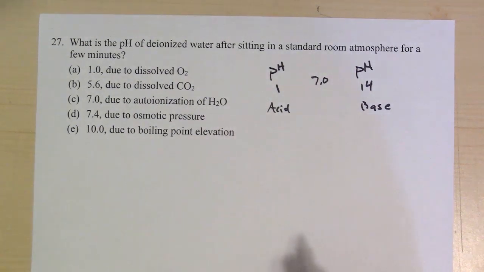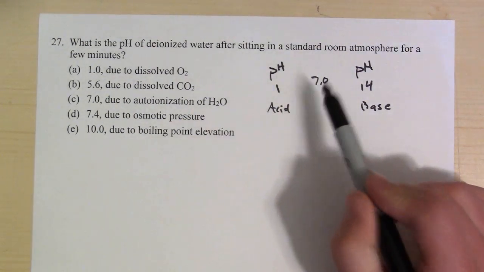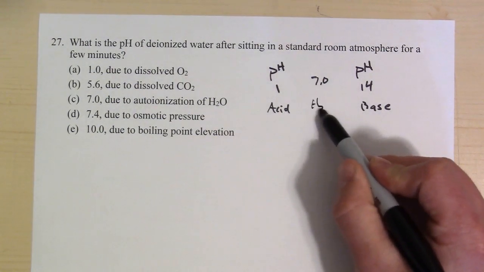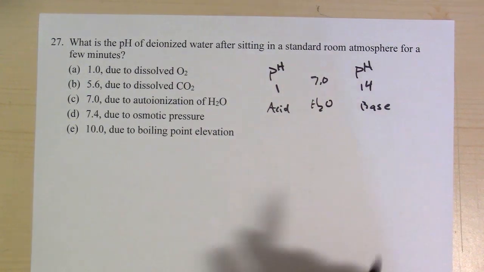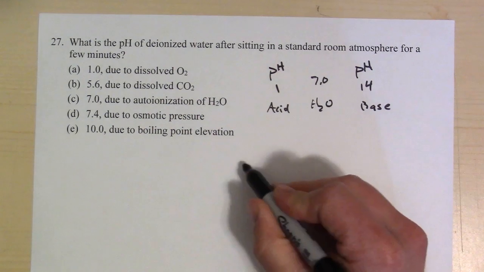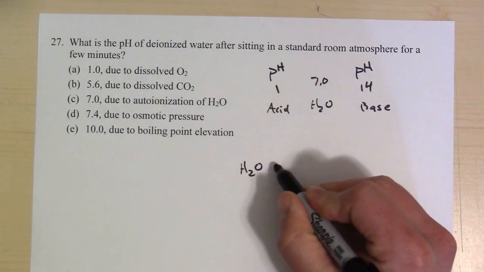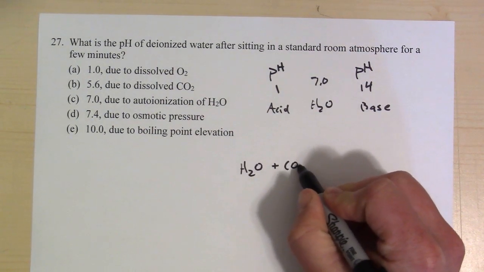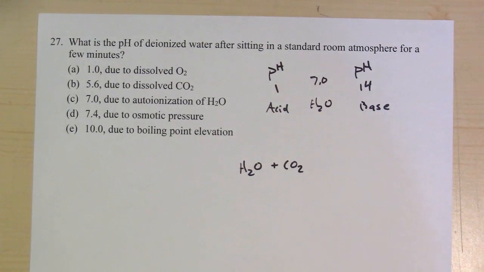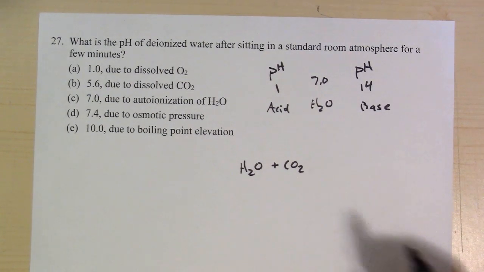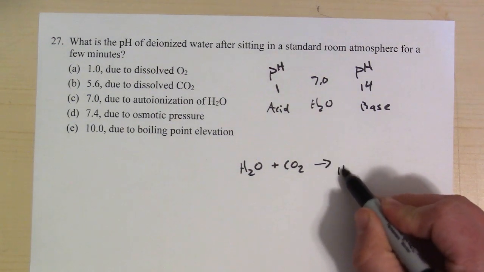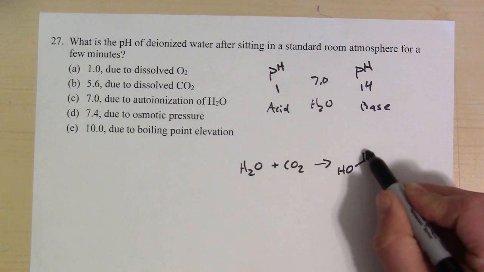If we look at B, it's slightly acidic from its neutral, 7.0-ish. There is something that could cause it to become slightly acidic. If you have water and you mix a little bit of carbon dioxide into there, which would happen if it was sitting open in the air, you actually get something that is called carbonic acid.